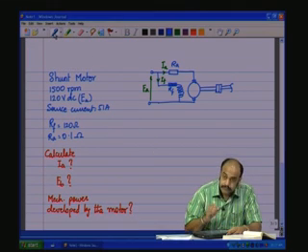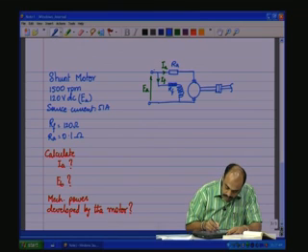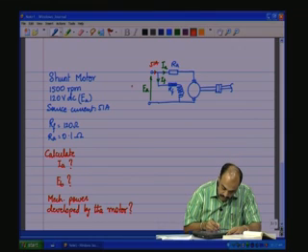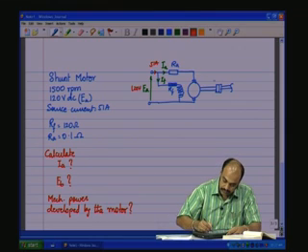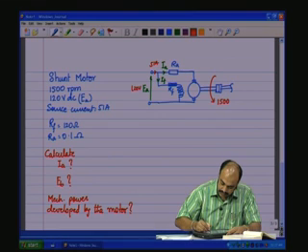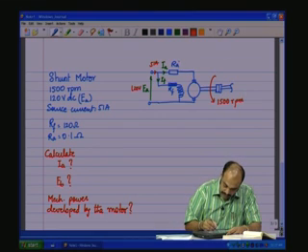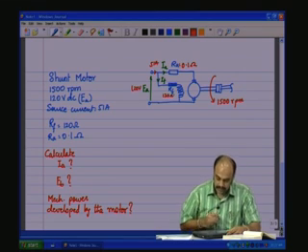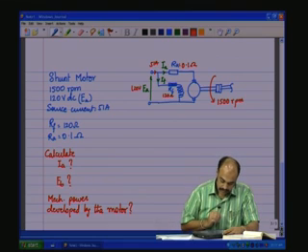So, now what we have is, this is 51 amps, we have 120 volts, and this is rotating at 1500 RPM. Okay. Now, RA is 0.1 ohms and RF is 120 ohms.